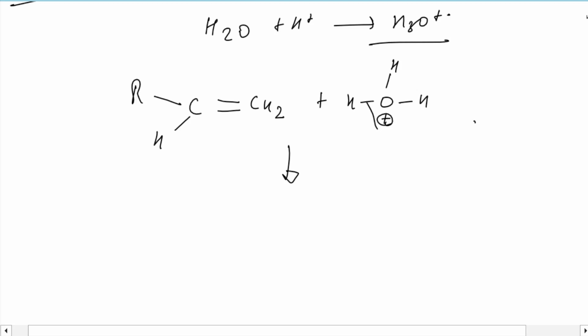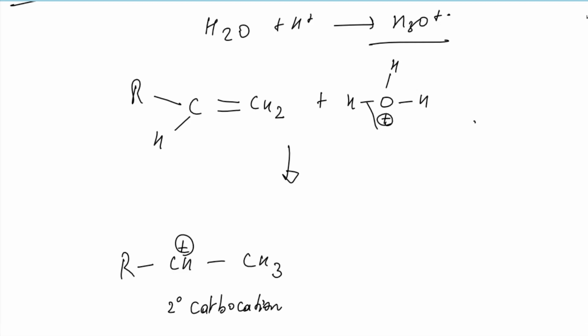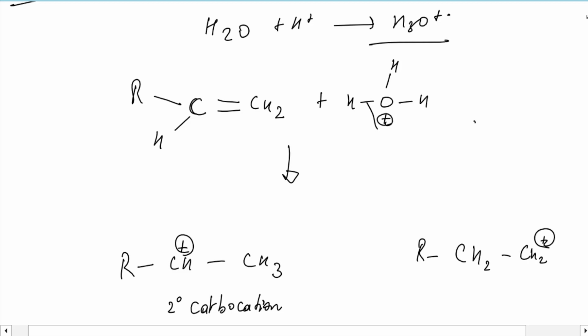If it gets attached to the CH2 carbon, then it becomes CH3, and the carbocation formed is a secondary carbocation. Next, if the H plus gets attached here, then it's RCH2, CH2 positive, which is a primary carbocation.